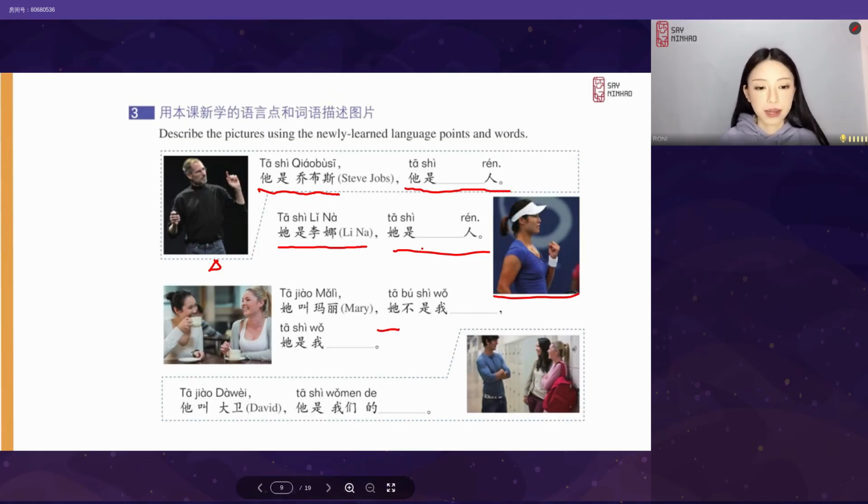Okay, next. 她叫玛丽。玛丽 is the Chinese translation for Mary. 她不是我 something. 她是我 something. What should we put here? We can see these two people in a really friendly mood. They are chatting. So they might be friends, not a student-teacher relationship, right?